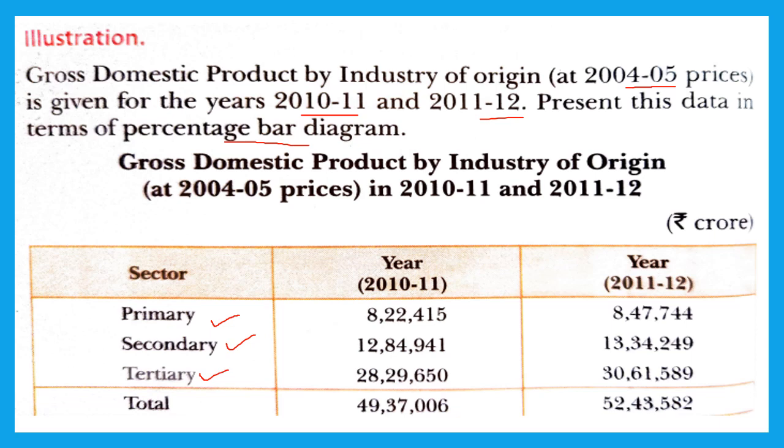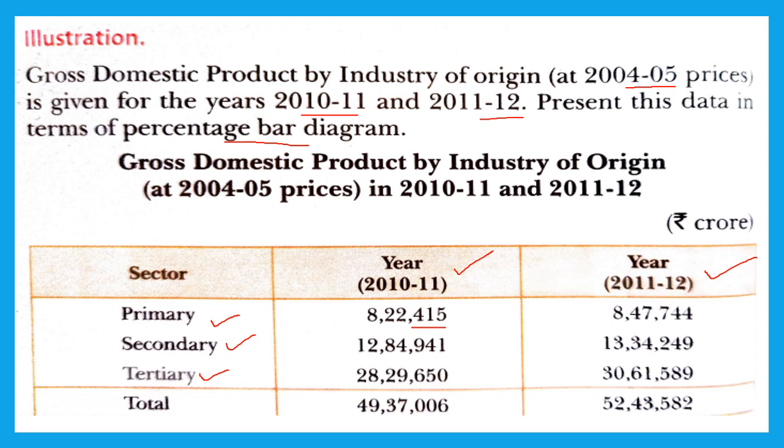These are their contributions for 2 years, that is 2010-11 and 2011-12. If you notice, the values are of very high magnitude. So in this case we will represent this data with the help of a percentage bar diagram.